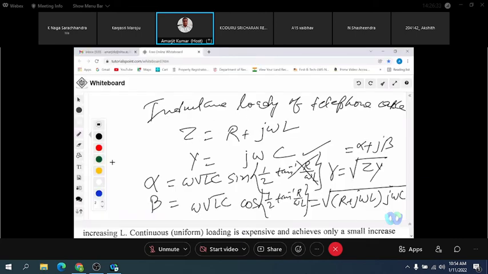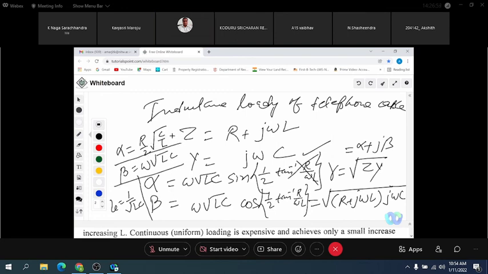So alpha will be equal to R by 2 root L by C, and beta is equal to omega root LC. So velocity will be equal to 1 upon root LC.